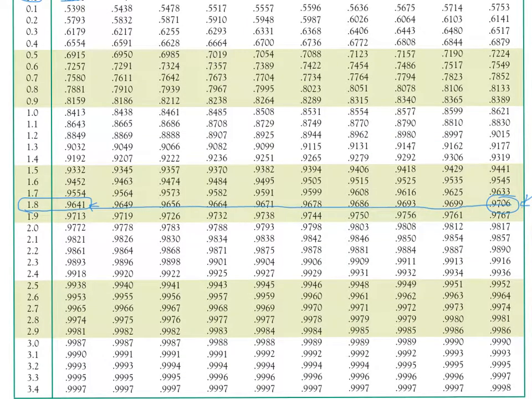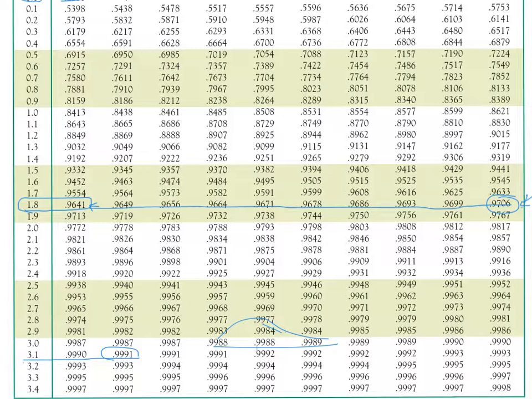Now suppose I want to find the area to the right of, let's say, 3.11. So 3.1, this is 3.10 and this is 3.11. That's 0.9991, which would be the area to the left of 3.11. What if I want to find the area to the right of 3.11? In that case, we'd find the area to the left of 3.11.